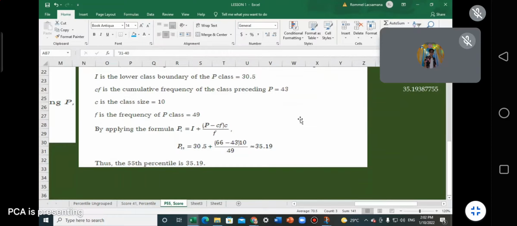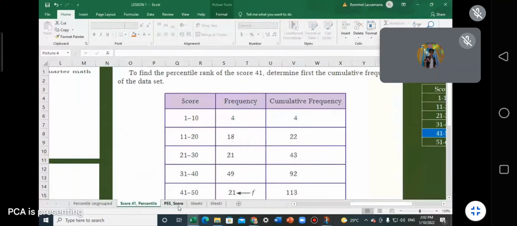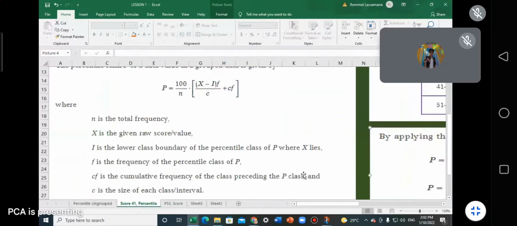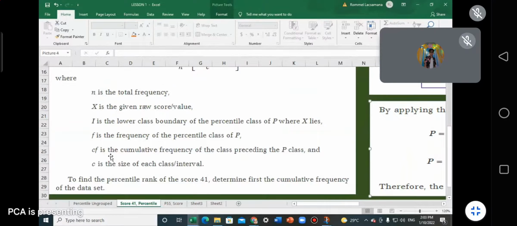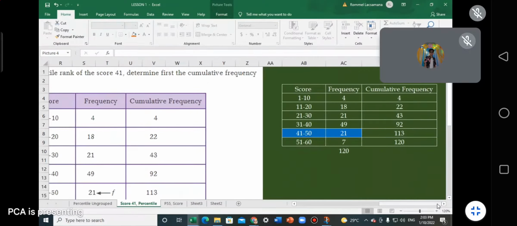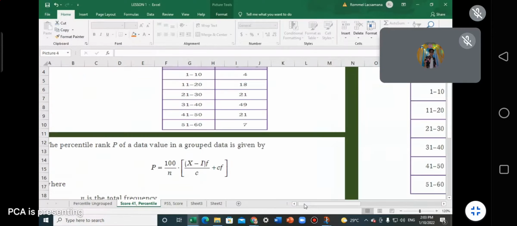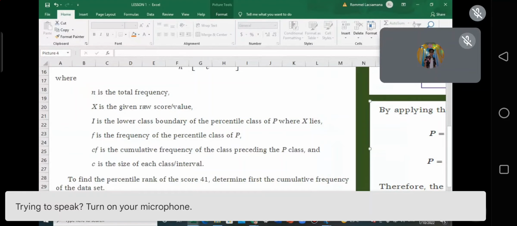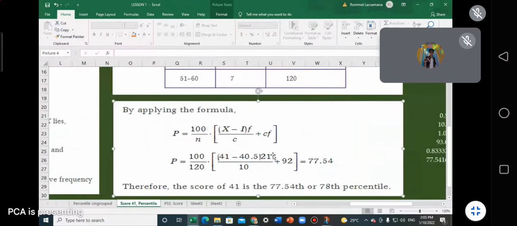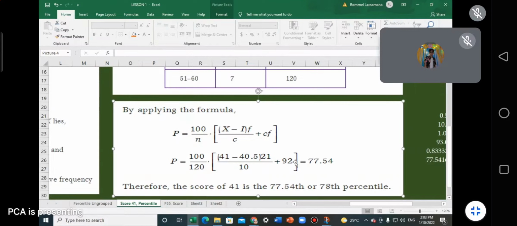Do we need the CF? Actually, no, we don't need it. Unlike here, where we needed it earlier. We didn't use this one either. So basically, this is not being used. If this is the P class, what is used is the preceding.